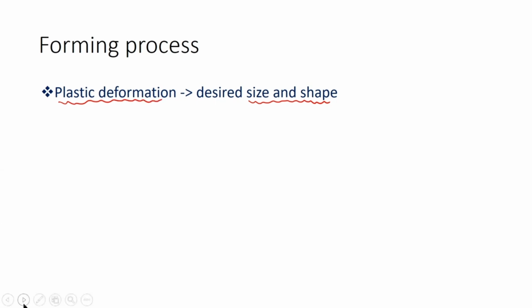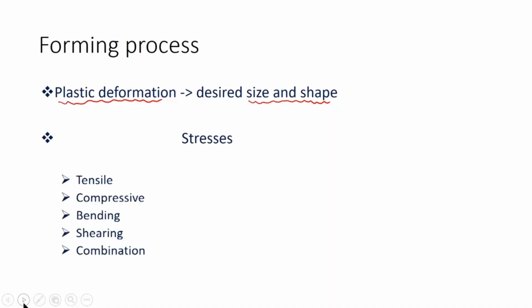So, what kind of stresses can we apply? We can apply tensile stress or compressive stress or shear stress or a combination of these stresses, but the stresses should be more than the yield strength of the material, and less than the fracture strength of the material. These stresses will be generated by applying forces.